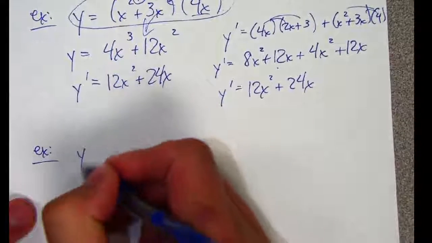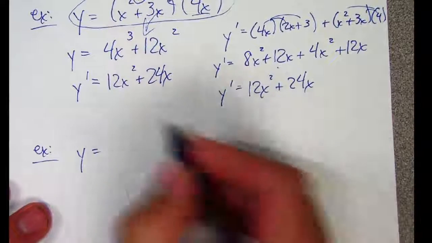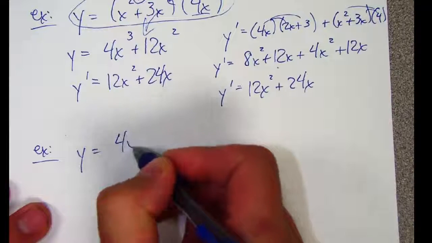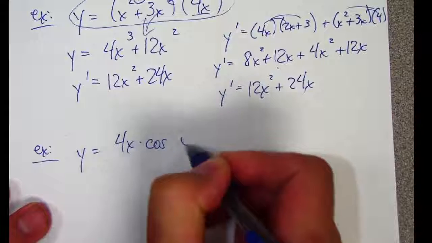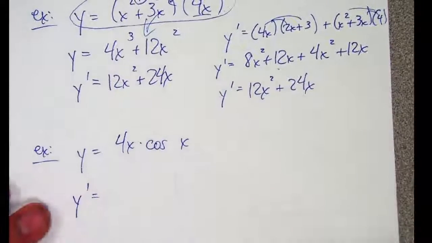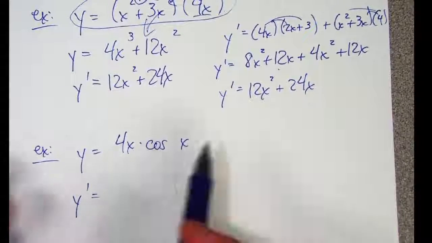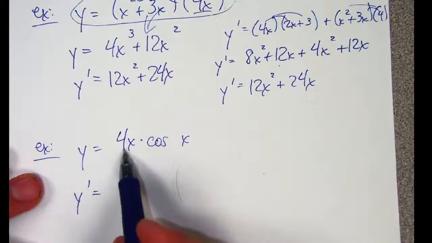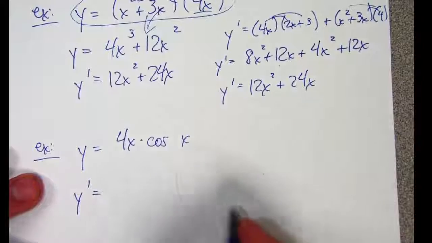So let's say y equals 4x times cosine of x. So like in this case, you have to use product rule. You can't multiply through because 4x times cosine of x doesn't simplify to anything except for 4x times cosine of x. So I'm going to use product rule.